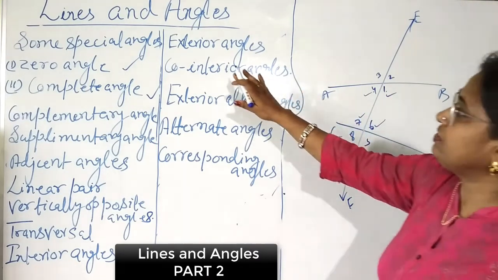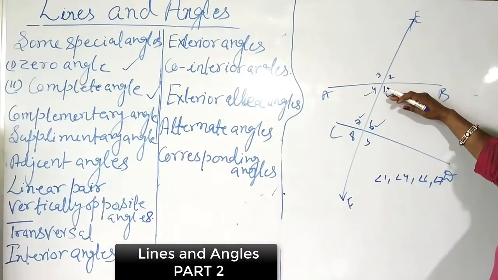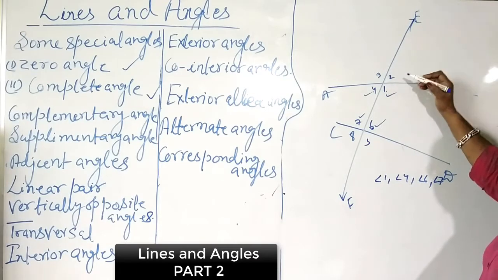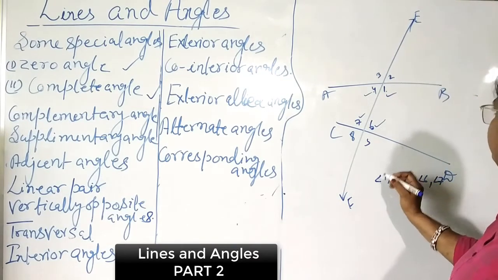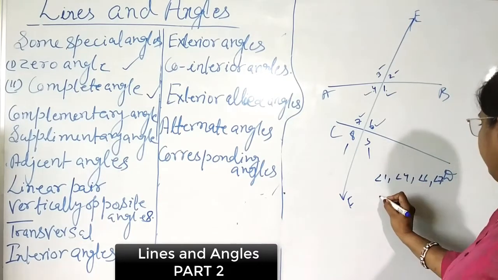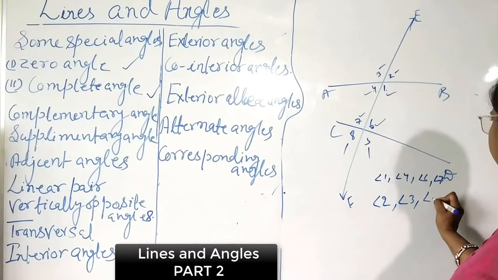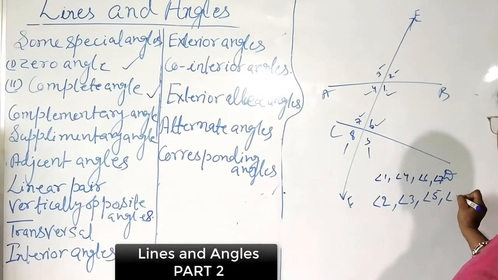Next, exterior angles. Exterior angles means outside of the lines. That means the exterior angles are 2, 3, 5, 8: angle 2, angle 3, angle 5 and angle 8.